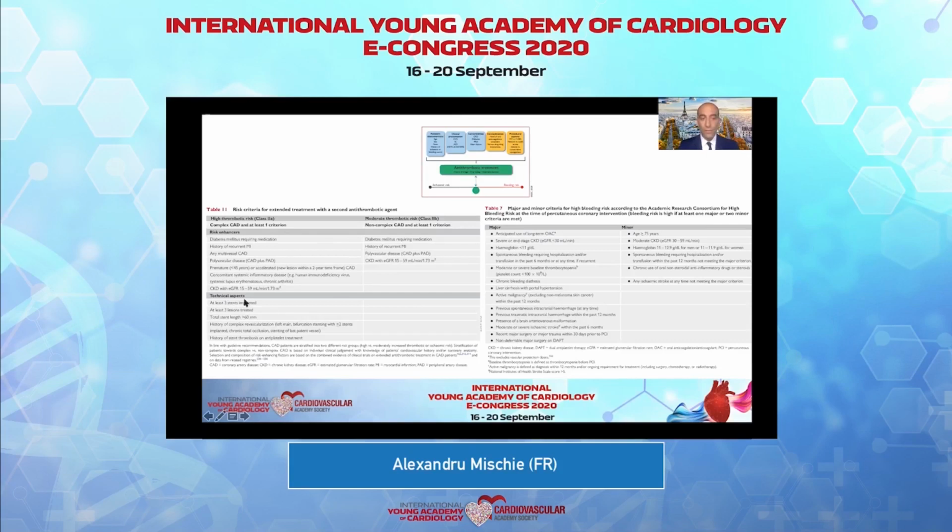And what they included in these guidelines, they included the technical aspects, which were also present in the 2017 guidelines, but here they are more clear.